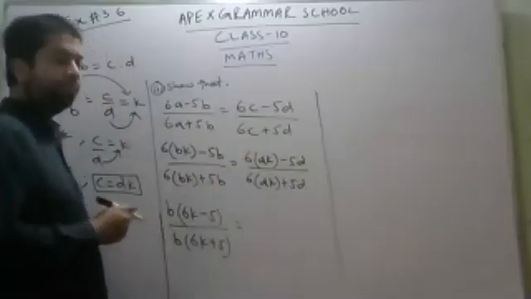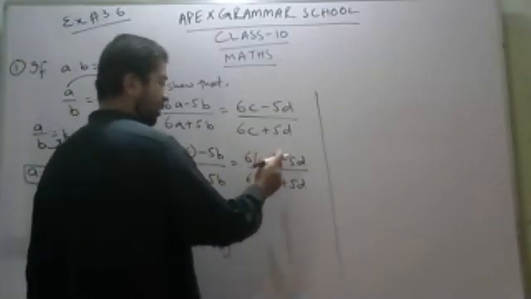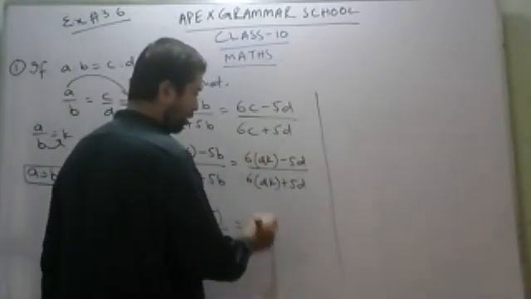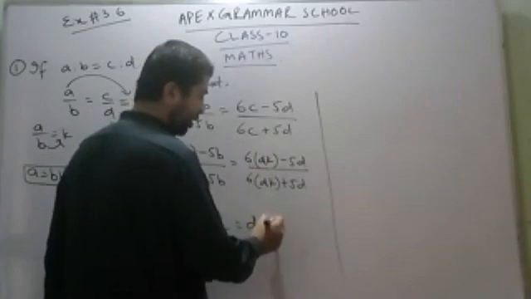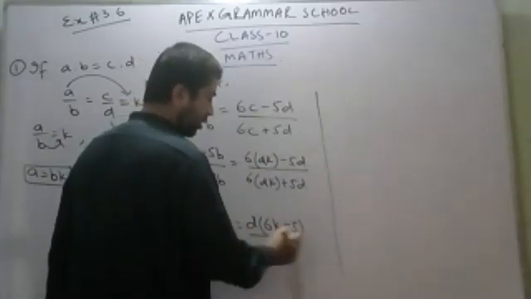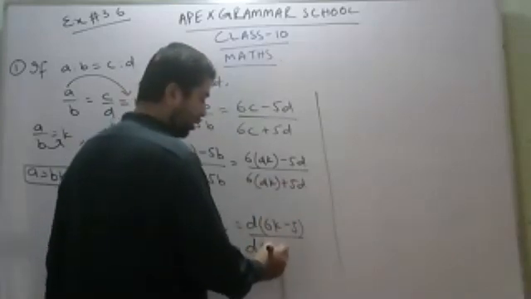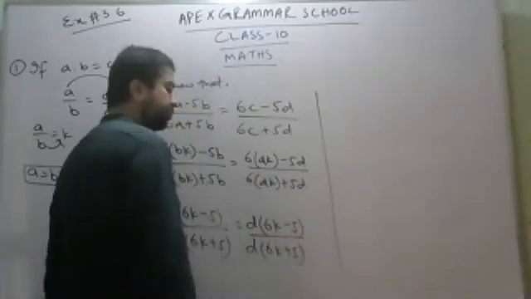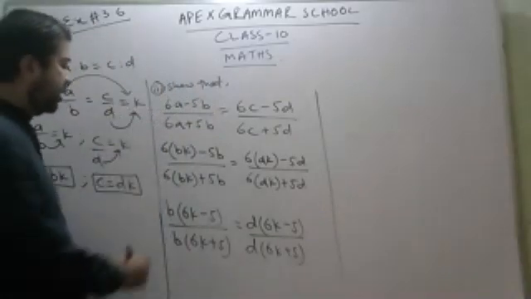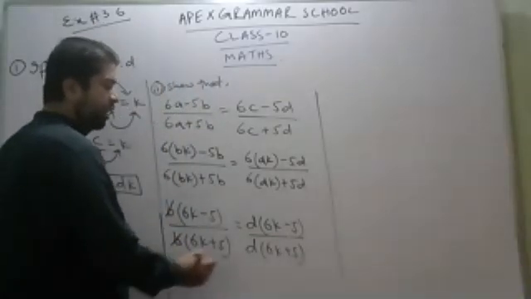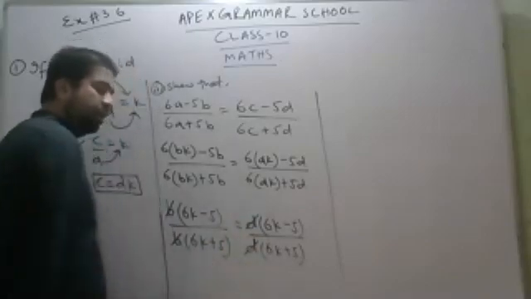Is equal to, here d is common, and 6k minus 5. Then again d is common, and 6k plus 5. Now this d can cancel to this d easily, and this d can cancel to this d easily.